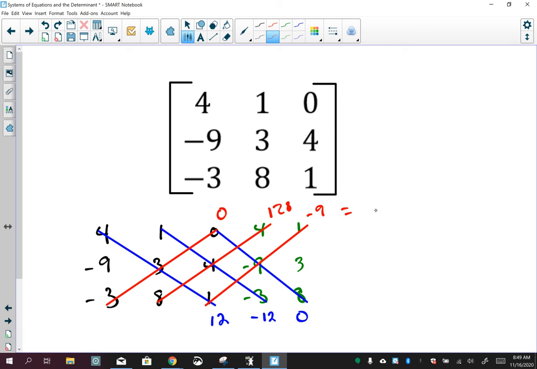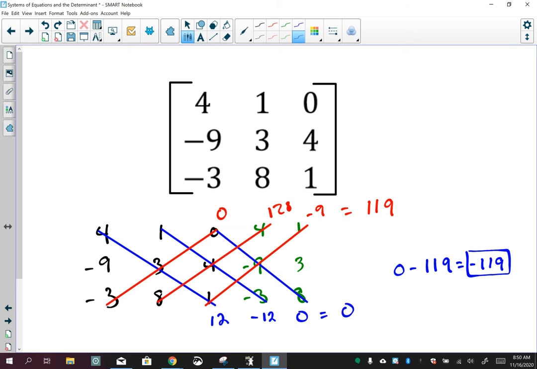So this will wind up being 119. This one down here winds up being 0. So we say 0 minus 119 gives me negative 119. And that will be your answer.